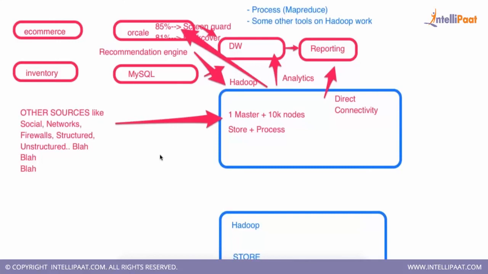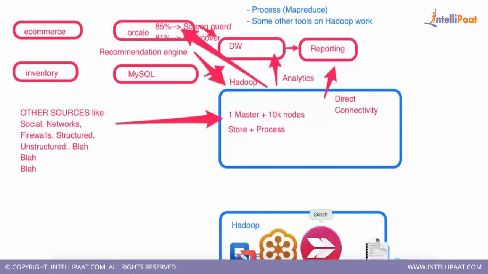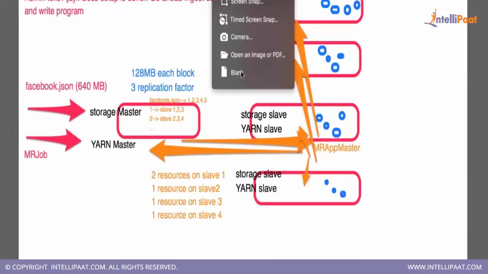If I was to quickly draw this for you, let's put it this way: you are a company with no serious warehouse investment. Well, only Hadoop is definitely an option.